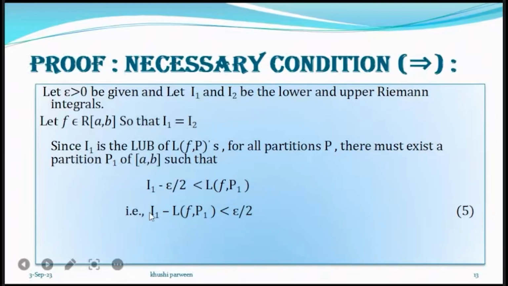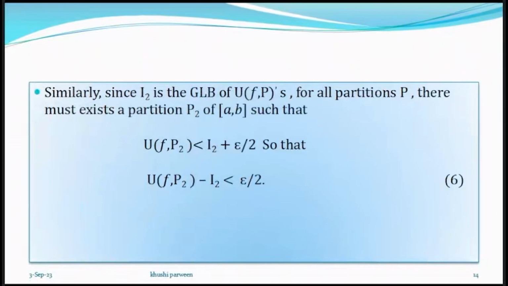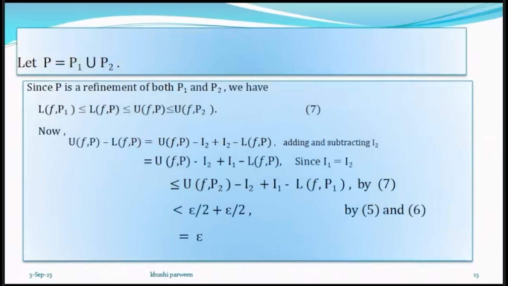This also implies that I1 minus the lower Darboux sum is less than epsilon by 2. Similarly, since I2 is the greatest lower bound of the upper Darboux sums for all partitions P, there must exist a partition P2 of the closed interval [a, b] such that the upper Darboux sum is less than I2 plus epsilon by 2, so that we can write it as the upper Darboux sum minus I2 is less than epsilon by 2.